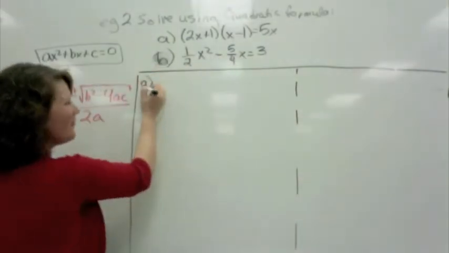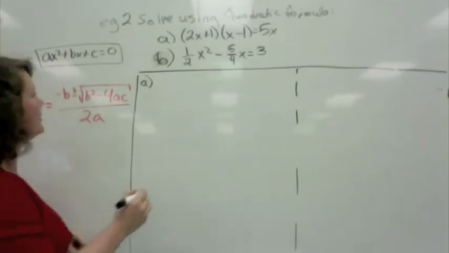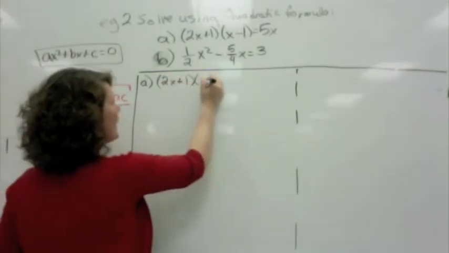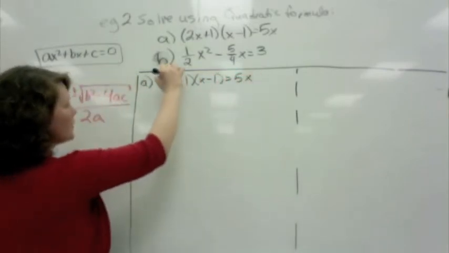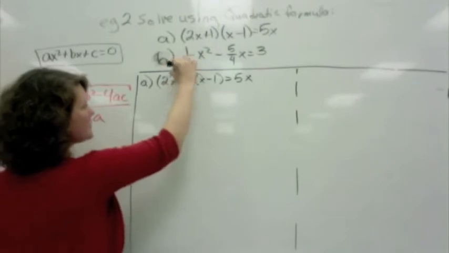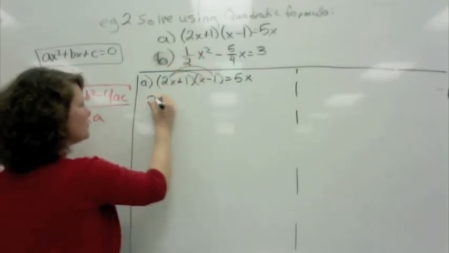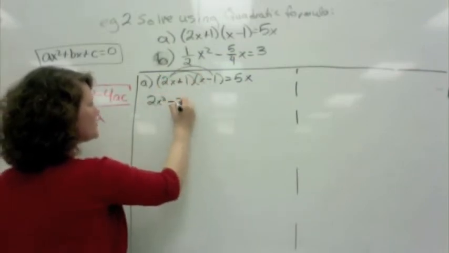So in A, we need to FOIL it out first so that it looks like this. 2x plus 1, x minus 1 equals 5x. So we're going to multiply 2x by x minus 1, so 2x squared minus 2x.